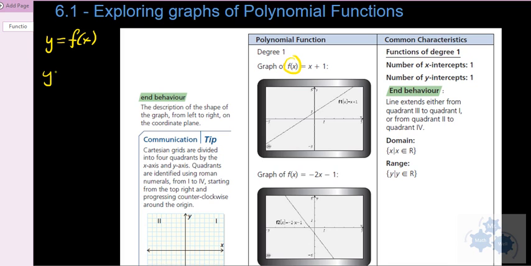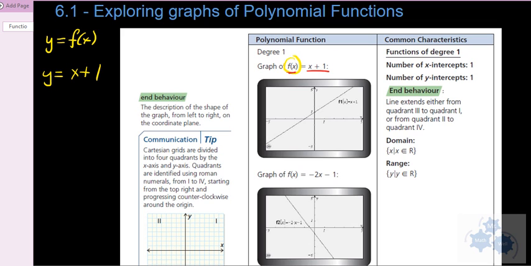So you've seen this kind of stuff before, y equals x plus 1, as an equation of a line. This f of x is function notation, saying that this expression over here is a function. y is a function of x, and we'll talk more about that later if you didn't get that. But anyways, f of x equals x plus 1 is this line right here.